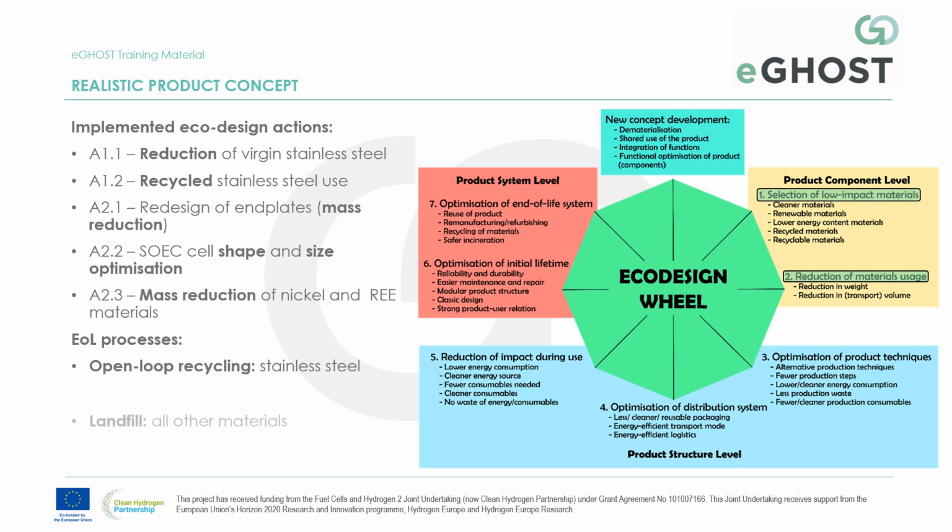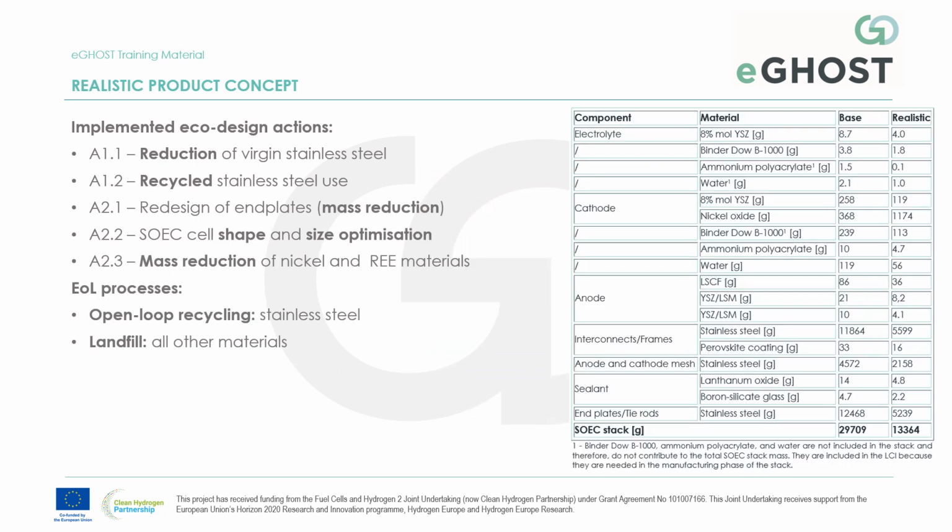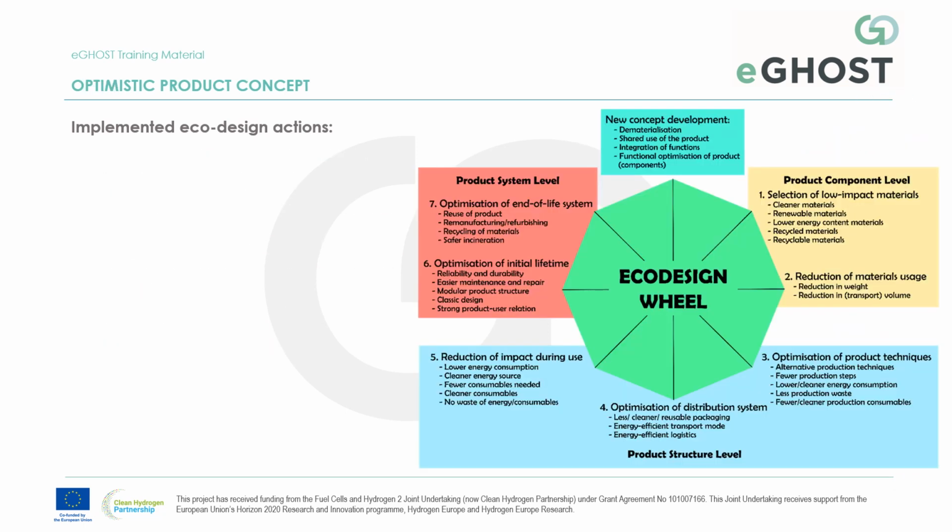And for the end of life, we used open loop recycling for stainless steel and landfill for all other materials. So here is the inventory. As you can see, it was improved from base to realistic. And the same was done for the optimistic case.